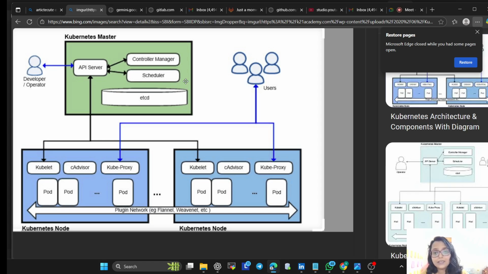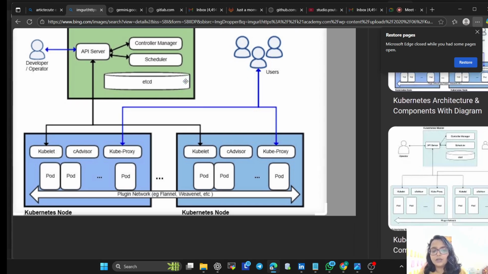Now, what is our responsibility? Our responsibility is the worker nodes. In the worker nodes, provisioning is there, and patching if it is self-managed, we have to take care. Then the networking part, which is very important, like NACLs, security groups, CNI. We have to take care of networking if we are deploying an application on EKS. Then storage integration: if you don't want to store everything in etcd, you want to integrate storage like EBS or EFS, we have to manage that.